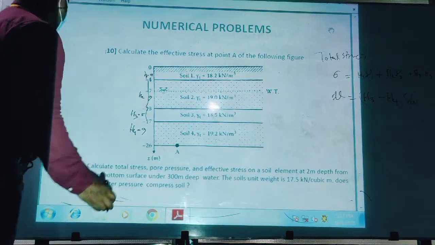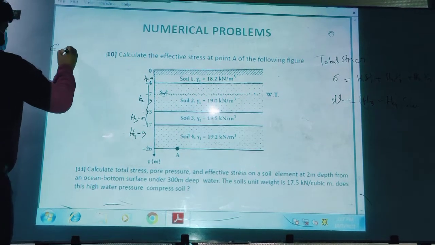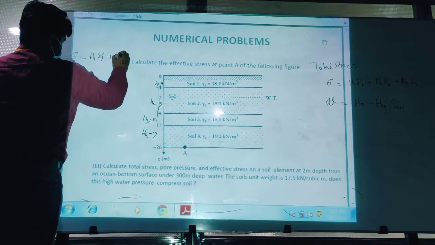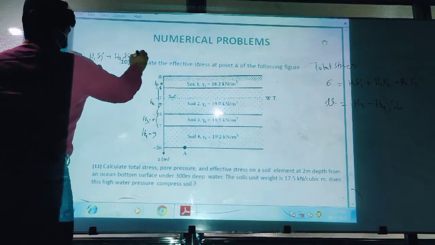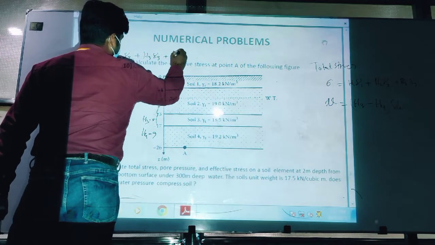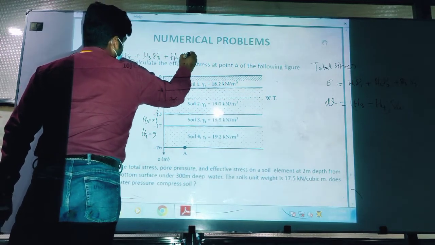Calculate the total stress. Given total stress, sigma equals H1 gamma 1 plus H2 gamma 2 plus H3 gamma 3 plus H4 gamma 2.